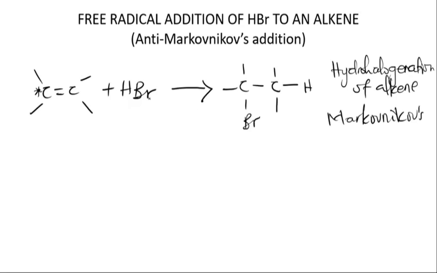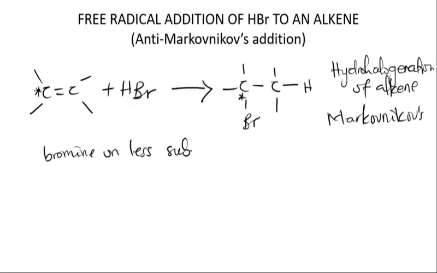Okay, but now what if we want the bromine on the less substituted carbon? That is, in this example, if we want the bromine on this carbon rather than this carbon, what do we do? This is where the free radical addition of hydrogen bromide comes into place.